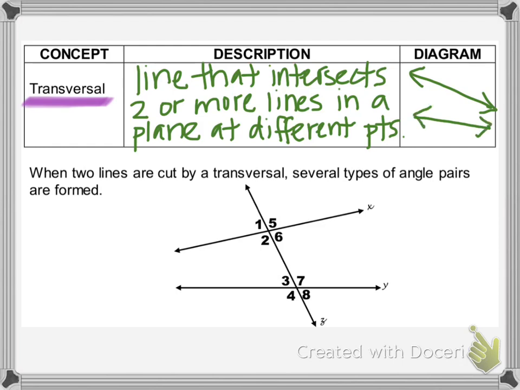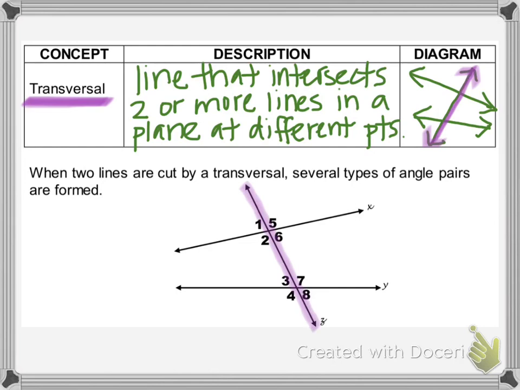They could be parallel, doesn't matter. But if I take a third line and I intersect both those lines, kind of like I'm just cutting through them, that line itself, that is the transversal. Okay? So in this picture below, the transversal would be this line Z right here. It cuts through lines X and Y.